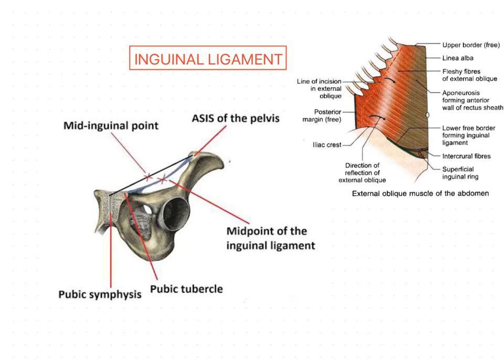This inguinal ligament is also called Poupart's ligament, which is formed by the lower border of the external oblique aponeurosis, which is thickened.